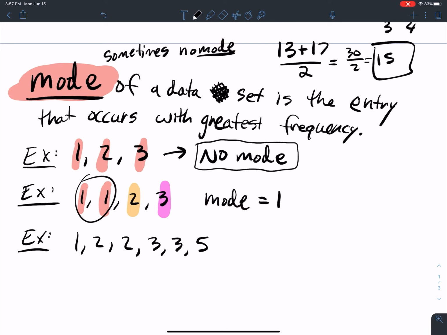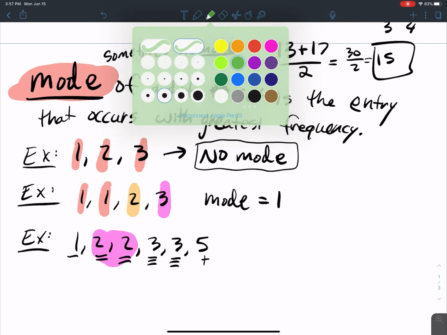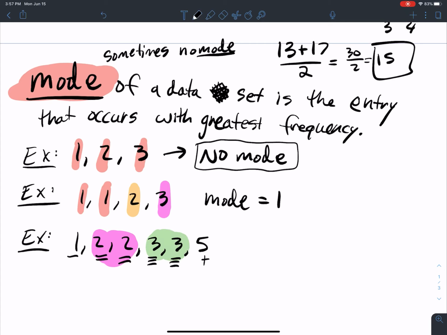1 occurs twice, okay? Now this last one here, it looks like 1 occurs 1 time, 2 occurs twice, 3 occurs twice, and then 5 occurs once, okay? So looks like we've got 2 numbers that occur with the same frequency.